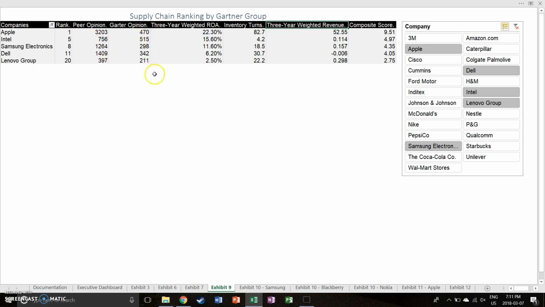It's a little higher here, but other than that, Apple's still beating all of them in all aspects here, from their ranking to their peer opinion, and then their 3-year weighted average. Anyways, as we were saying, Apple essentially has a much better supply chain than all their competitors.